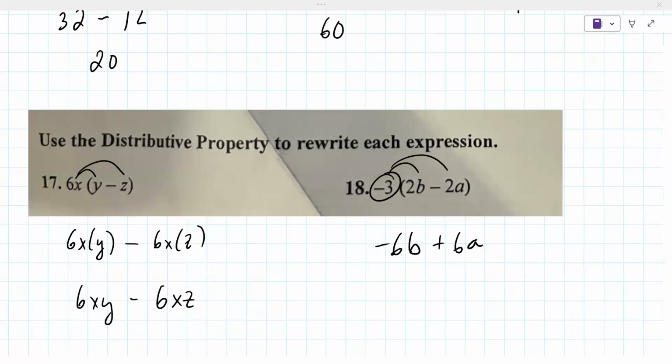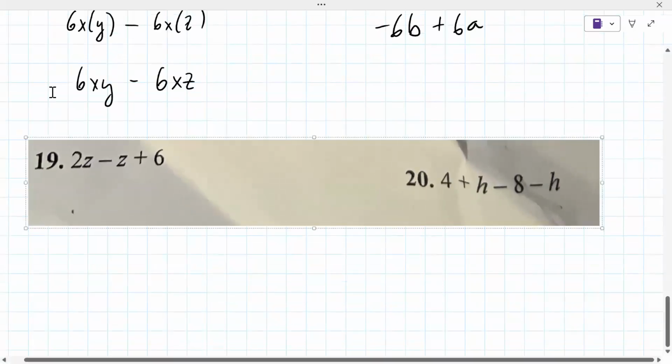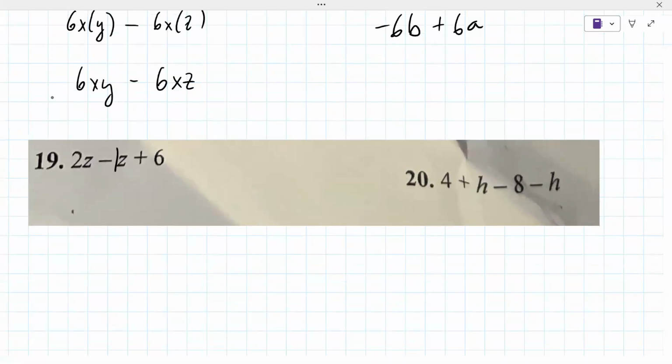All right. So for 19 and 20, it gives a different set of instructions. I want you to combine like terms. I want you to simplify these. 2z minus 1z, sometimes that's helpful. 1h and minus 1h there. Number 19 would be 1z plus 6. You got it?